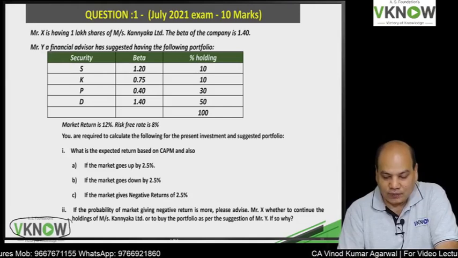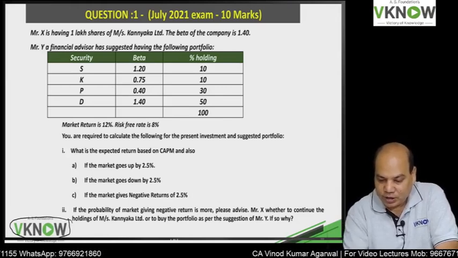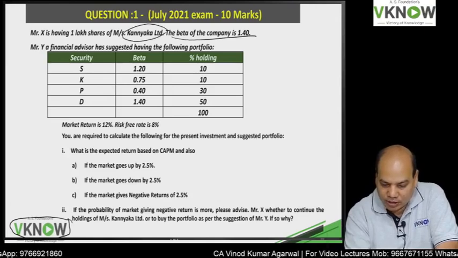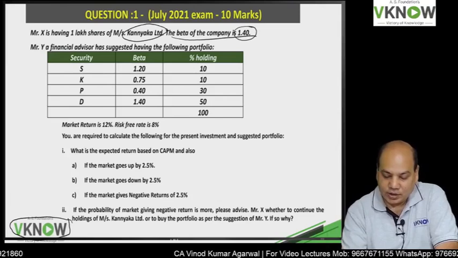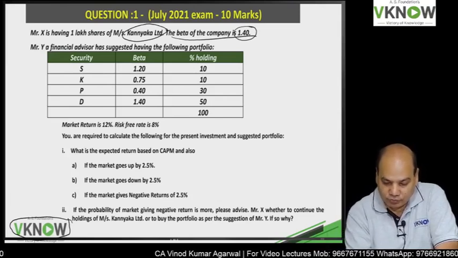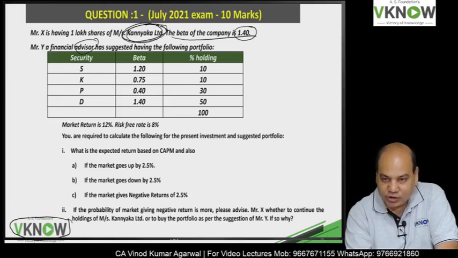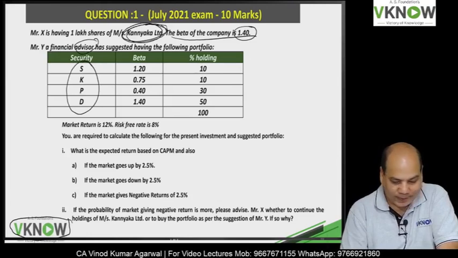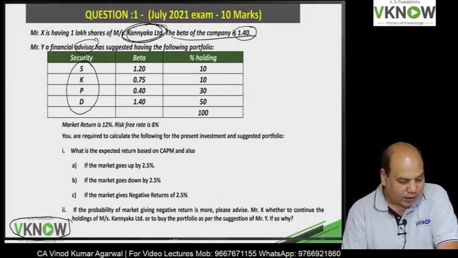Mr. X is having 1 lakh shares of Messrs. Kanakya Limited. The beta of the company is 1.40. Mr. Y, a financial advisor, has suggested the following portfolio. What the advisor has suggested is that you don't invest in only one share. Instead, you should invest in 4 shares and make a portfolio so that your risk will be diversified.